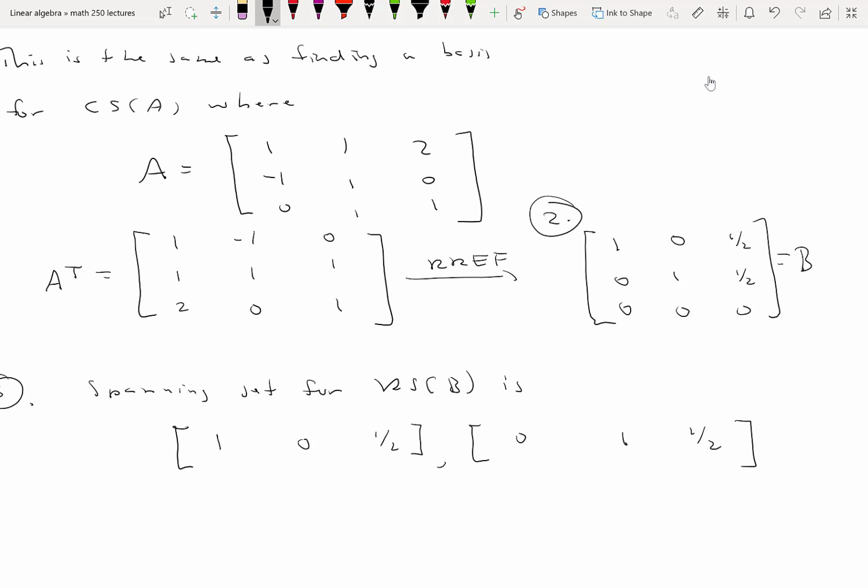In this particular case, just like before, the reduced row echelon form produced a row of all zeros at the bottom.